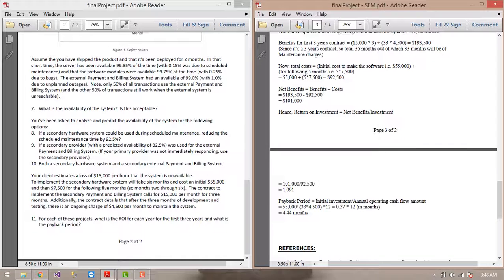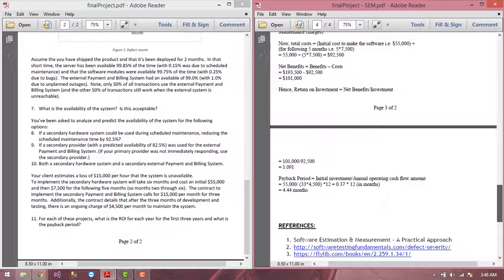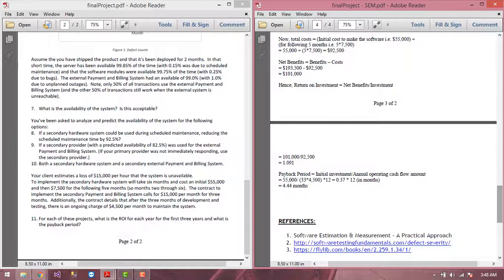So it would be 55,000 plus 5 times 7,500, that comes up to $92,500, and the net benefits is equal to benefits minus cost, that is 193,500 minus 92,500, that comes up to $101,000. And the return on investment, ROI, is equal to net benefits over investment. So $101,000 divided by $92,500 comes up to 1.091.